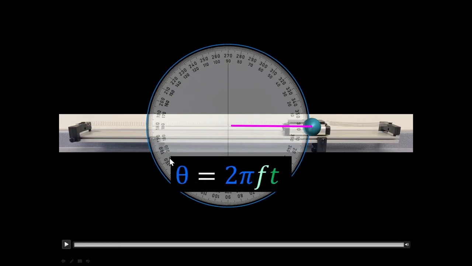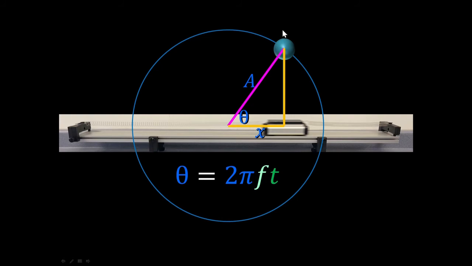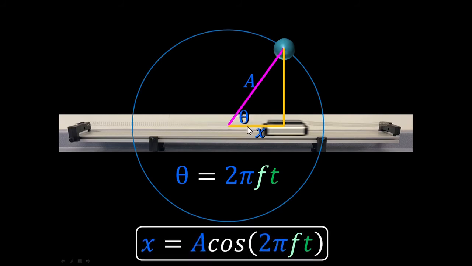Okay, and we can figure out what angle this ball is going to be at by 2 pi times the frequency times time. Well, we can predict what the angle is going to be, but we want to predict what its position is going to be. Its position is just going to be the amplitude times the cosine of that angle.